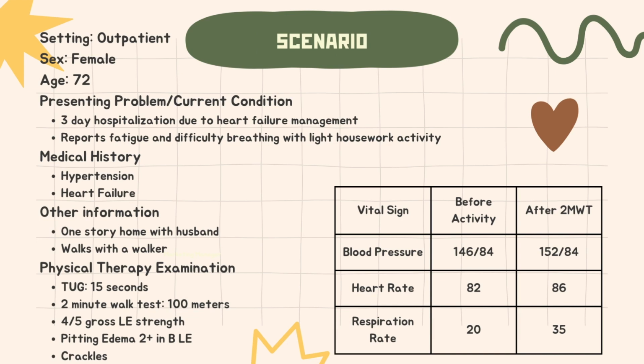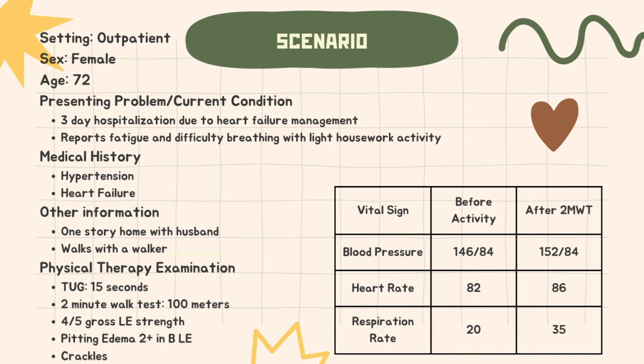So setting: outpatient, sex female, age 72, presenting problem / current condition, 3-day hospitalization due to heart failure management, reports fatigue and difficulty breathing with light housework activity, their medical history, hypertension and heart failure, other information, 1-story home with husband, walks with a walker, physical therapy examination, TUG, 15 seconds, 2-minute walk test, 100 meters, 4 out of 5 gross lower extremity strength, pitting edema 2+ in bilateral lower extremities, and crackles.